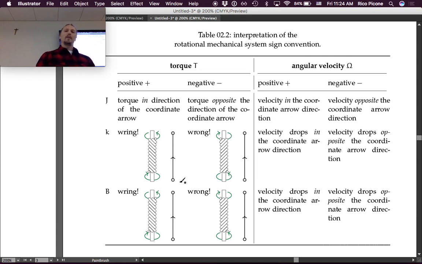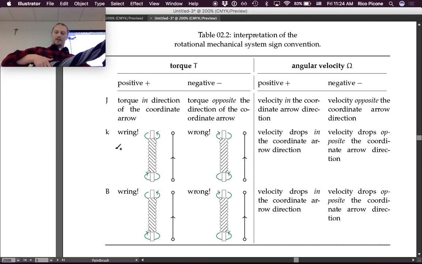and our thumb is pointed in this direction of the arrow. Each of us can think of ourselves as being like that. Okay? Now, if you have a torque that comes out positive on a spring element, then that is like if you wring in the usual sense of wringing this towel.